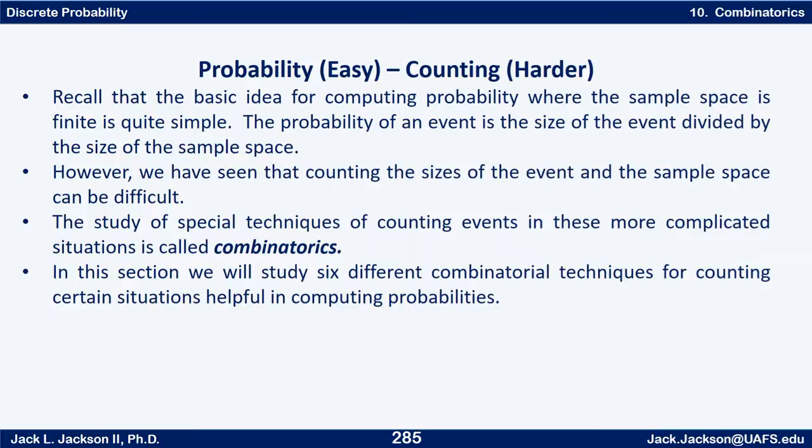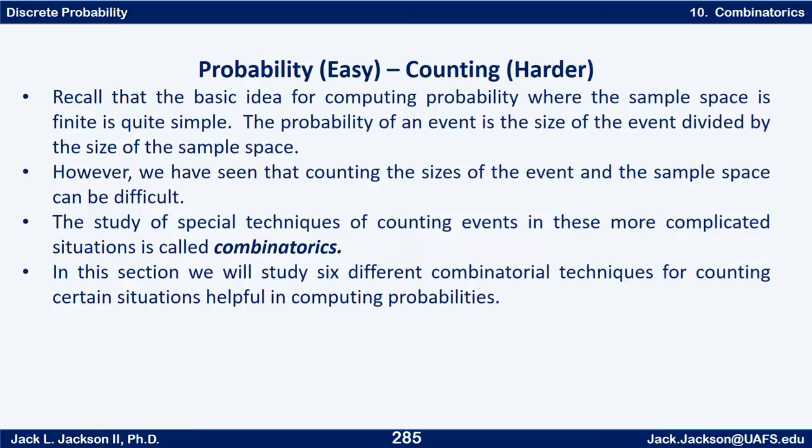And we've used several techniques to help us with that, including probability trees and contingency tables and some other things. But this idea of counting things is a little bit more difficult sometimes. In this section, we're going to go over a series of videos on special counting techniques that are called combinatorics.